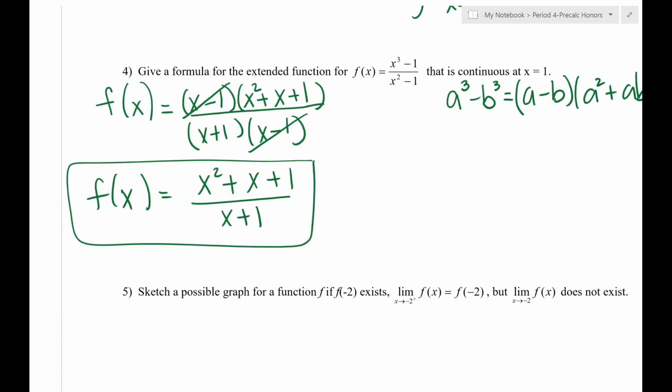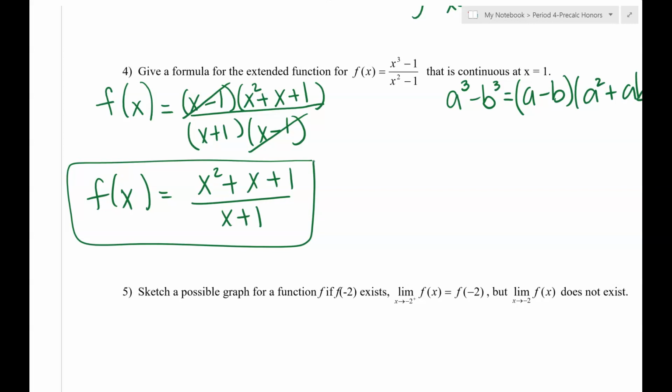By the way, it didn't ask for it, but because I reduced that, what kind of discontinuity do we have? At where? Yeah. This new function, when I plug in 1, would you agree on the top I have 3 divided by 2, right?